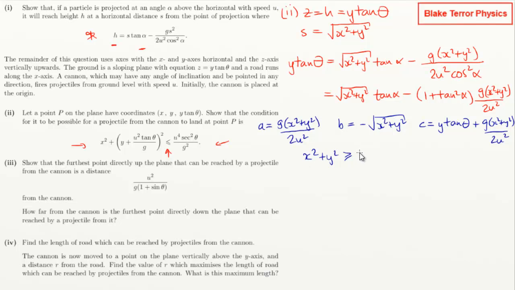Oh, that's a real mess, isn't it? 4 times g times x squared plus y squared over 2u squared, that's my 4a, times y tan theta plus g times x squared plus y squared over 2u squared. Good Lord. I mean, I suppose this thing is a mess, but it's still trying to get that thing to match up. Let's close the bracket over here.